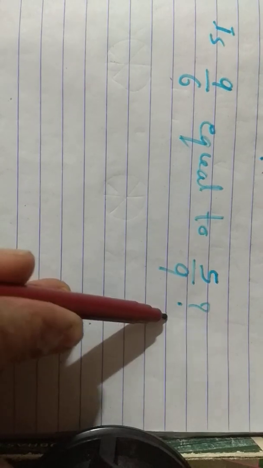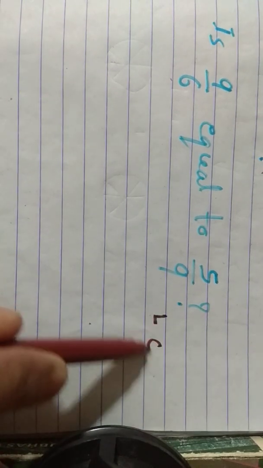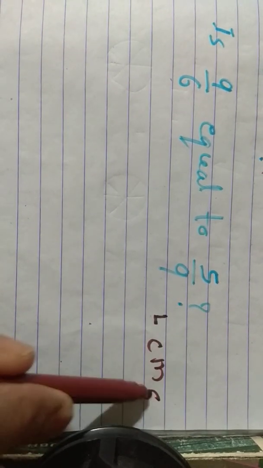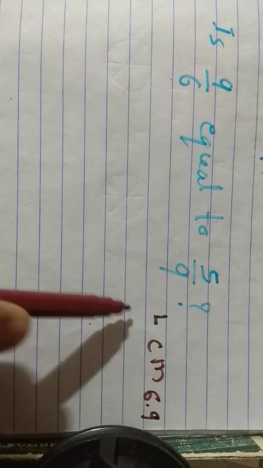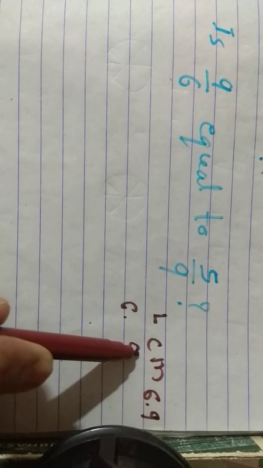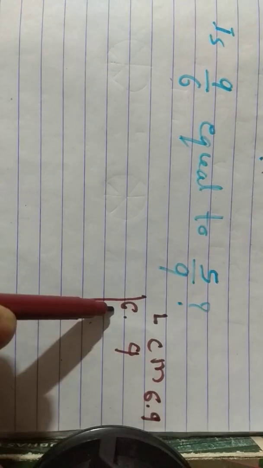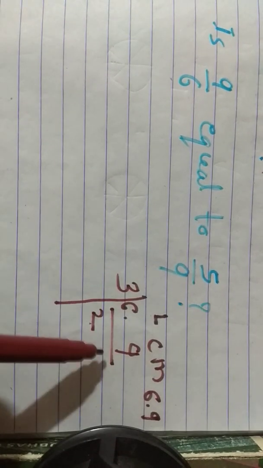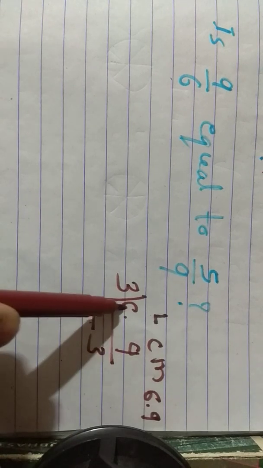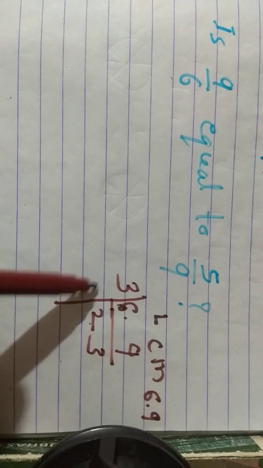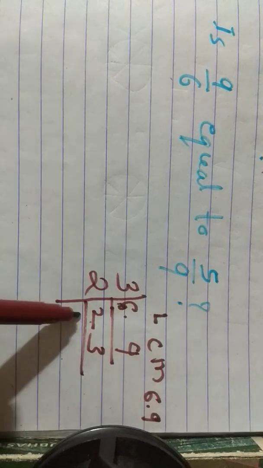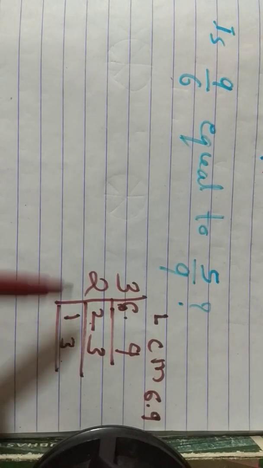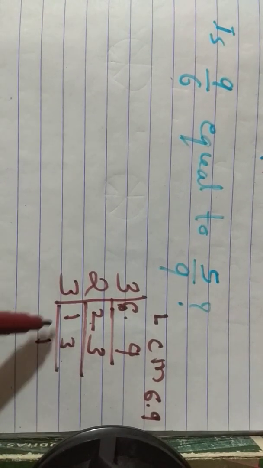What is the LCM of 6 and 9? So we have 6 and 9. So what are the common factors for 6 and 9? We have 3 2s are 6, 3 3s are 9. Next 2 1s are 2, and keep the 3 as it is, and 3 1s are 3.